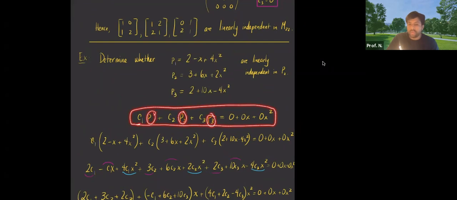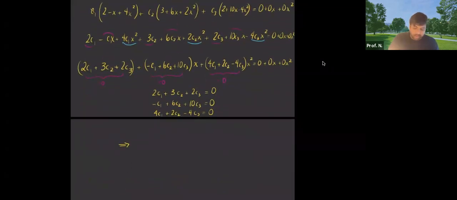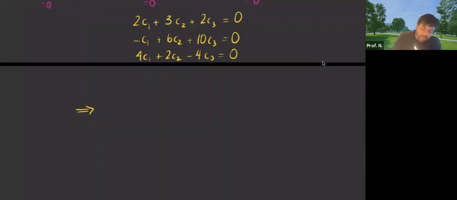In this case, they're polynomials. If you prefer another set of letters, great. Just make sure you know what you're doing. But like I said, it's convention to utilize C1, C2, C3, because then from here I can write a matrix equation.